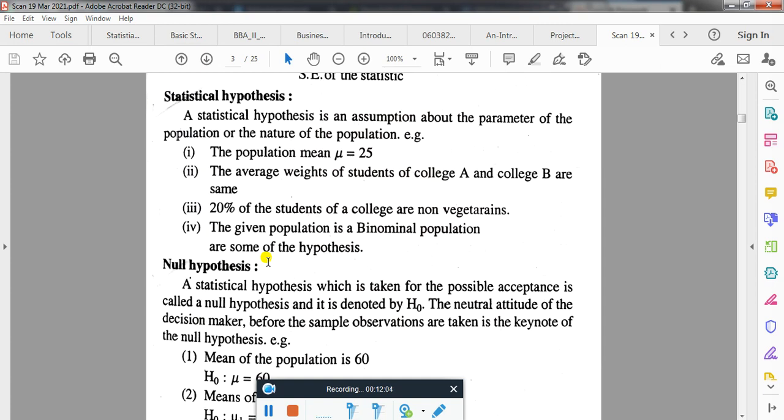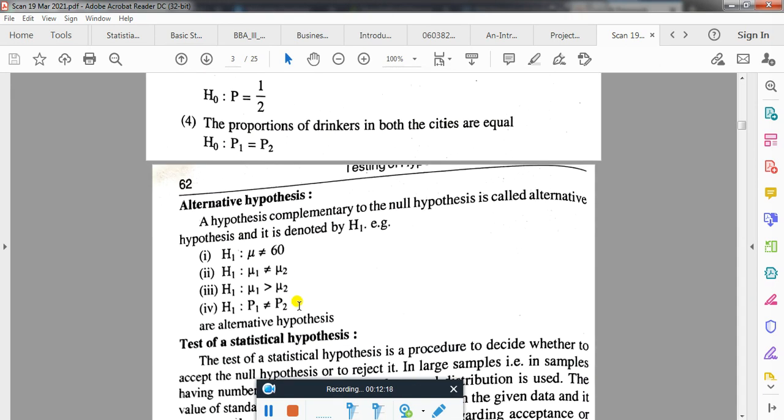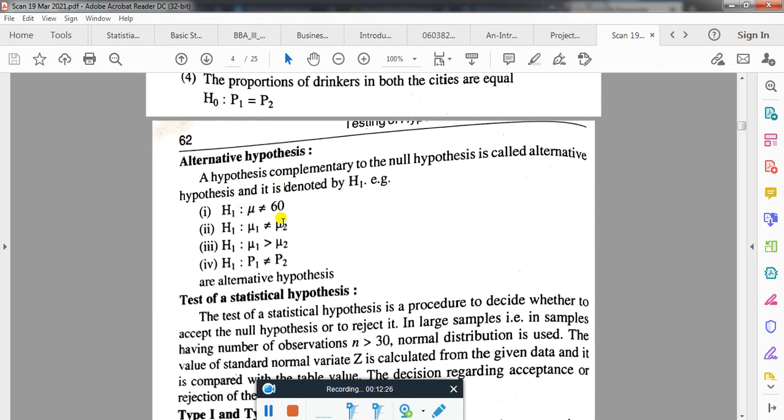Null hypothesis: a statistical hypothesis which is taken for possible acceptance is called the null hypothesis. It is denoted with H naught. And what is the alternative? Rejection of the null hypothesis is called the alternate hypothesis. So this is about your statistical inference.